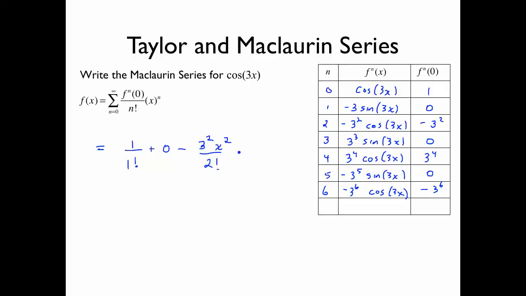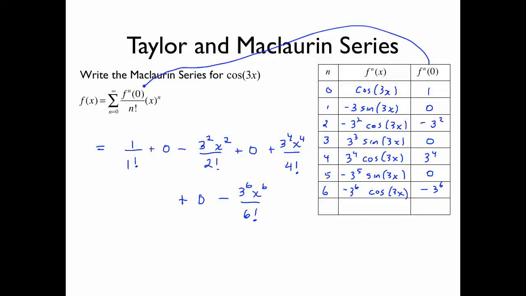And then the next one will be 0. And then plus 3 to the 4th x to the 4th over 4 factorial. Plus 0. Then minus 3 to the 6th x to the 6th over 6 factorial. So I'm just taking this column right here and putting it in for that right there, and then writing all the terms out.